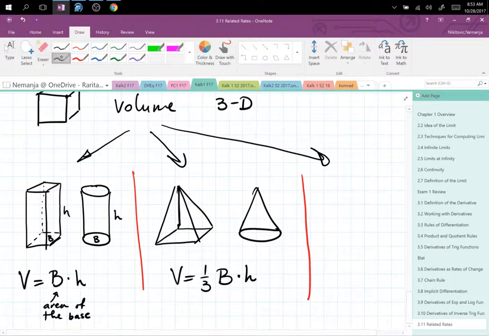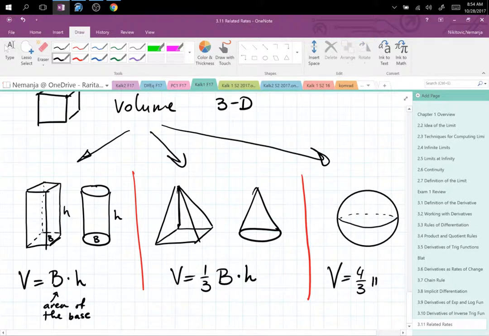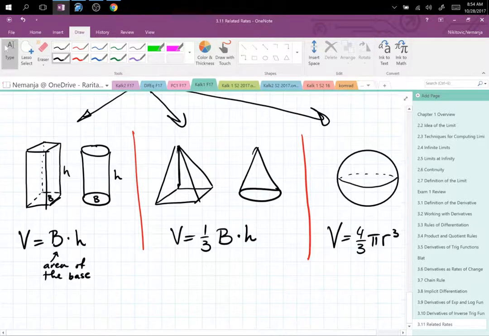Sphere is the perfect object, and a sphere has the volume four-thirds pi r cubed, something you get to prove in Calculus 3.